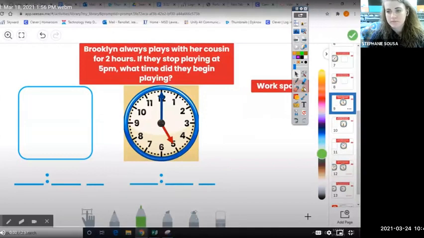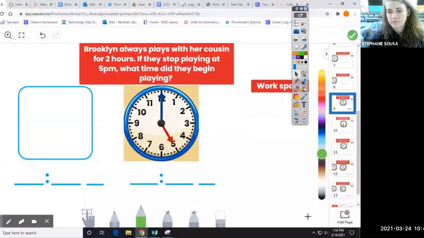Brooklyn always plays with her cousin for 2 hours. If they stop playing at 5 p.m., what time did they begin playing? In my word problem, I see the time that is passing is 2 hours.